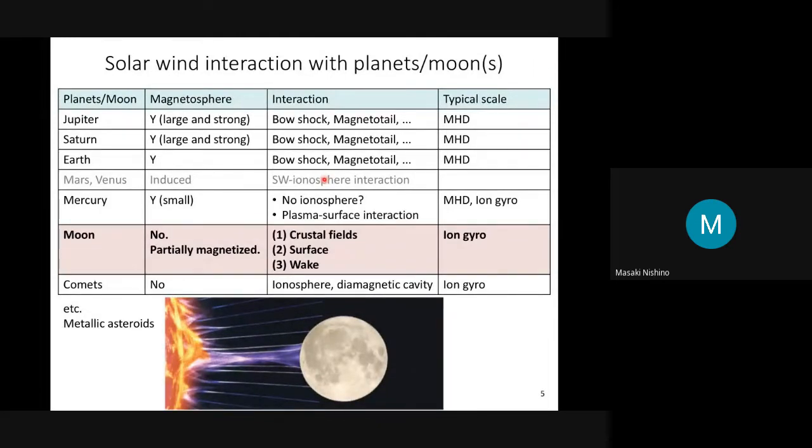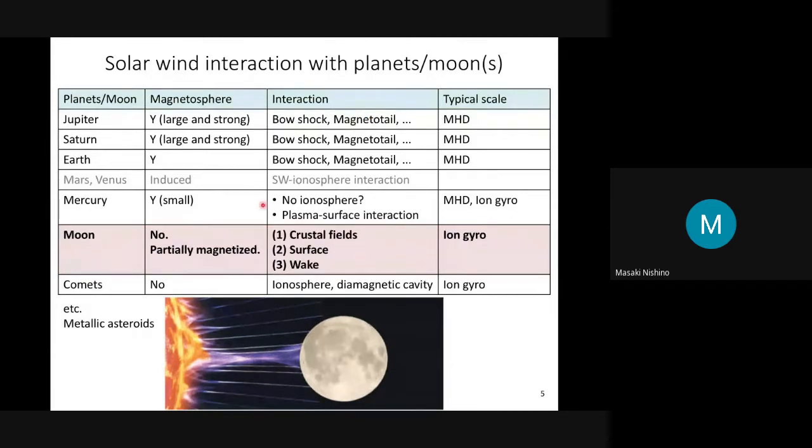If the planets are very large and have a strong magnetosphere, the interaction is on the MHD scale, a clear bow shock is formed, and the magnetotail is formed.